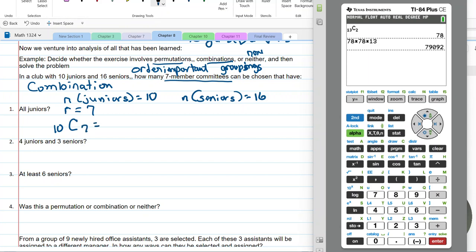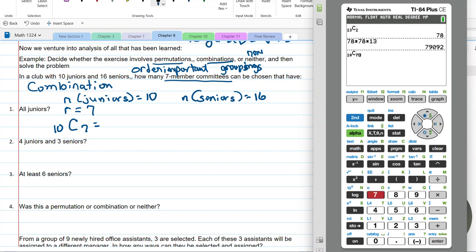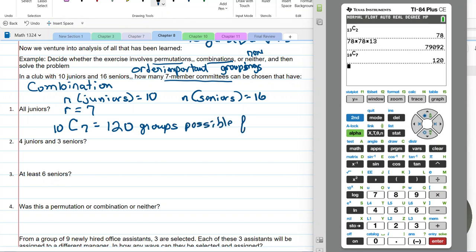That is 120 from 10 juniors. So we got the first one, 120.